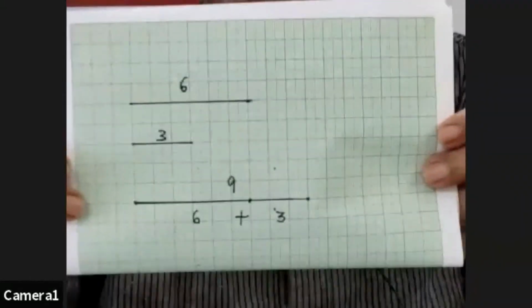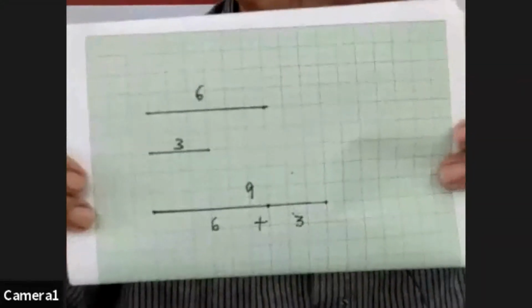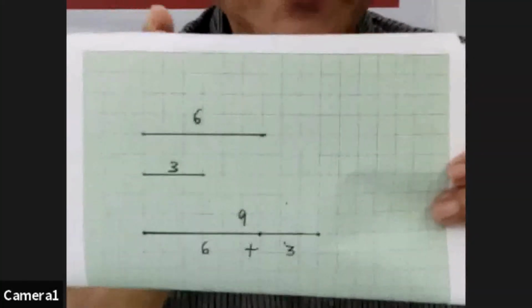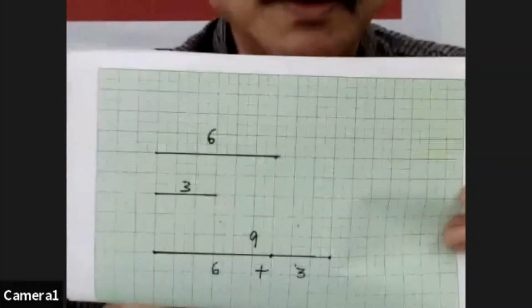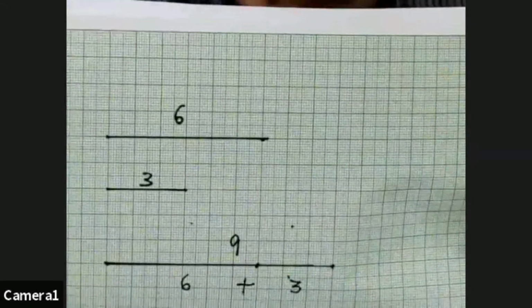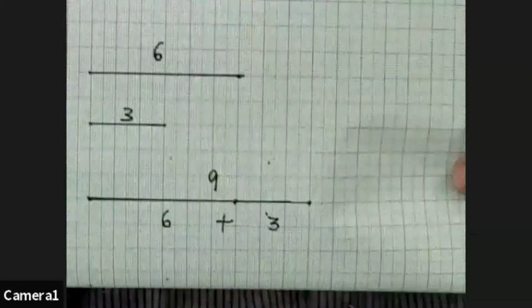Remember, we had shown 6 plus 3 is equal to 9 in this way. So now the 9 that you have drawn in your rectangle, divide that 9 into 2 parts by putting a point showing the 6 first part and 3 the second part.